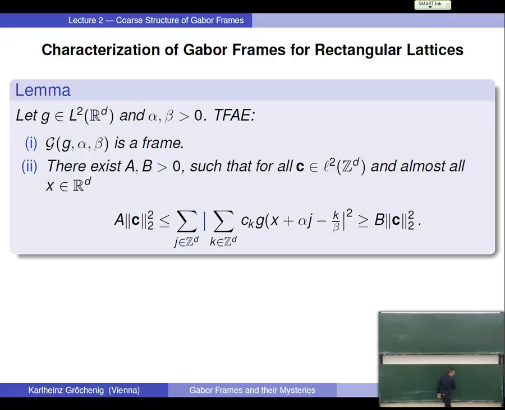So there are tools to check, or to try to check, when a Gabor system is a frame. And so the next question is, what can we say in general about a Gabor frame? Given a window, what can we say about the set of lattices? So for that I want to give a definition.